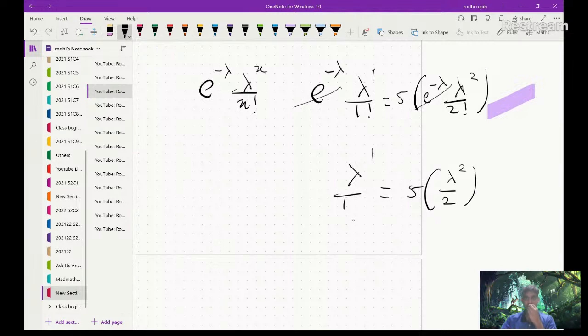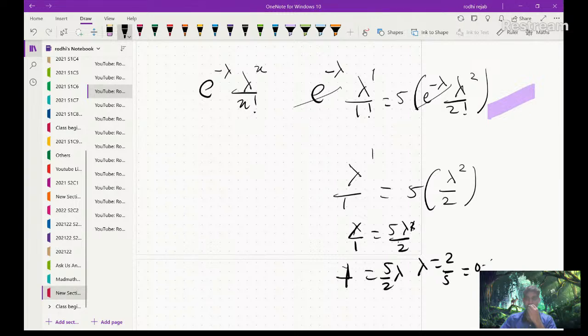From here you can write it down like this, and then the mean on both sides cancels out. So 1 over 1 is 1, equals 5 over 2 times the mean. Your mean you will get is 2 over 5, which is 0.4. So that's question number 3 part A.